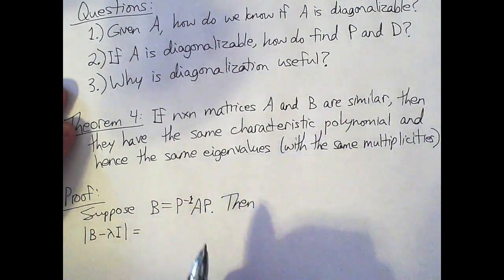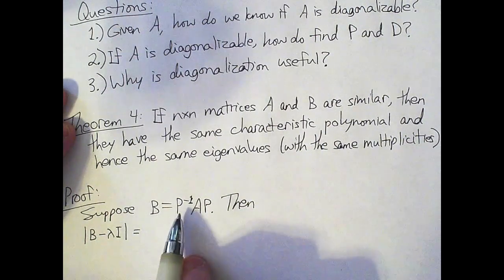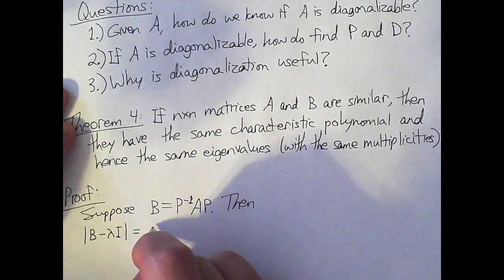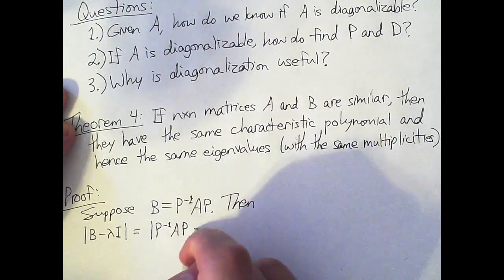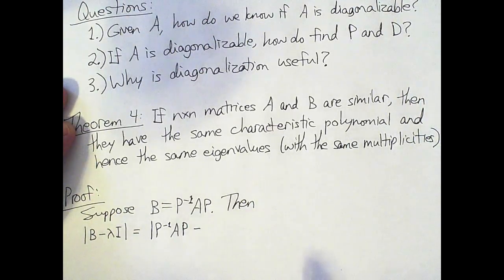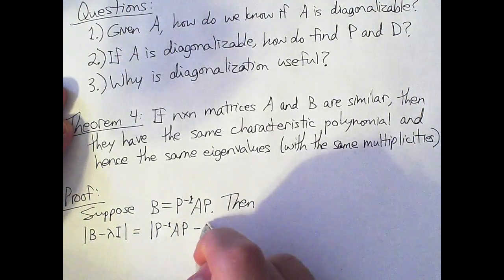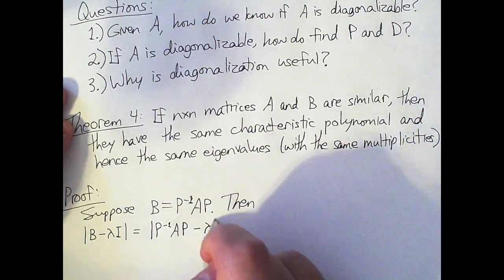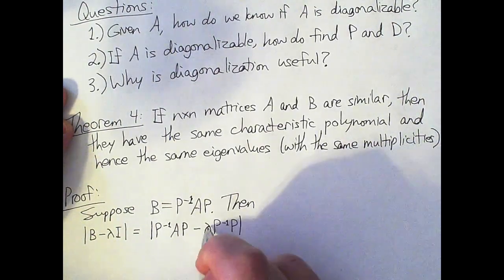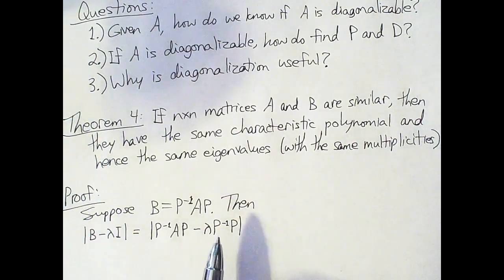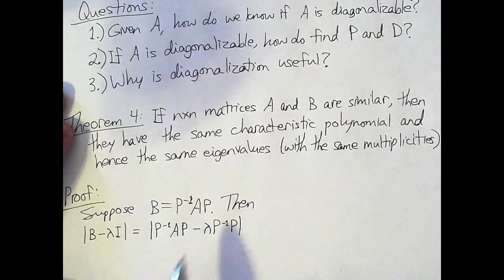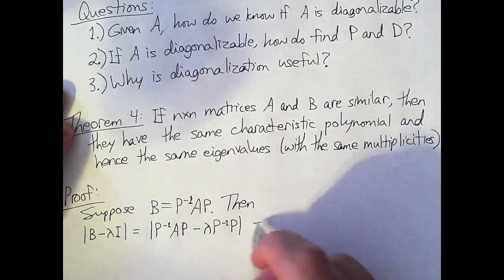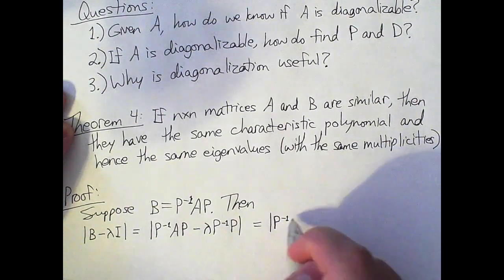Here's what I'm going to do. If B is supposed to be P inverse AP, then let's rewrite this as P inverse AP. And I'm also going to do another little trick here. Instead of writing I, I'm going to write P inverse times P. We know that that equals I, right? A matrix times its inverse has to equal I. That's actually going to be useful for us because now both of these terms involve P inverse, so we could factor P inverse out from the left.